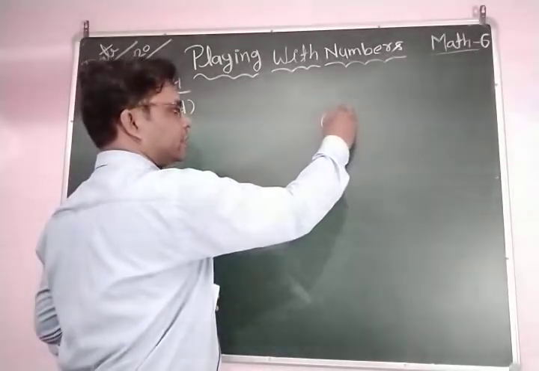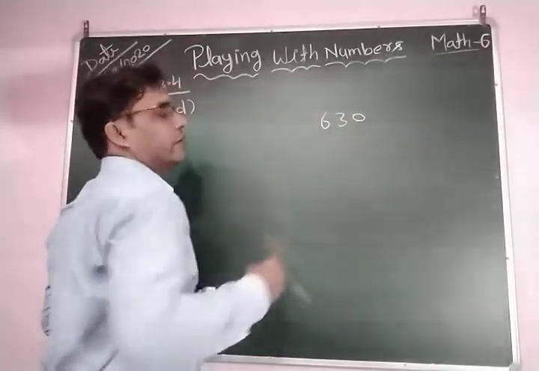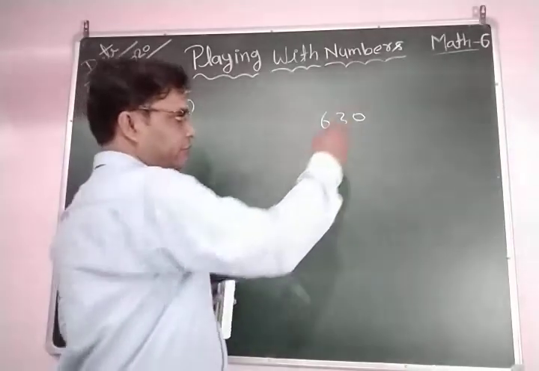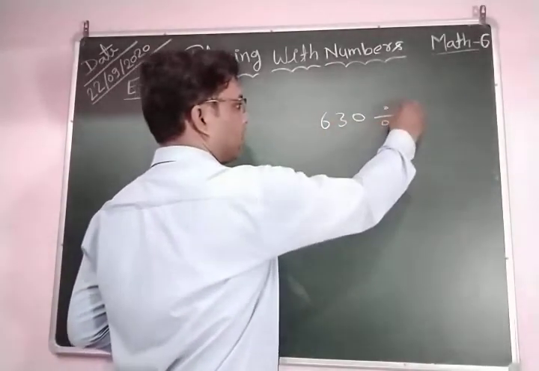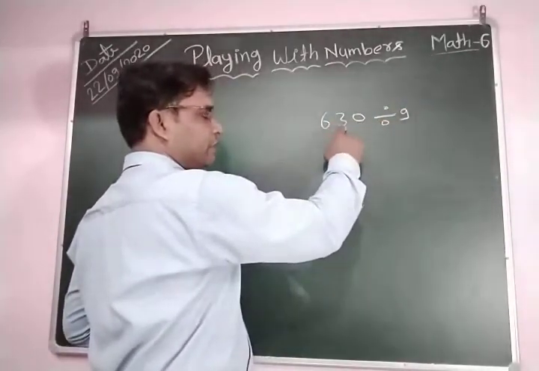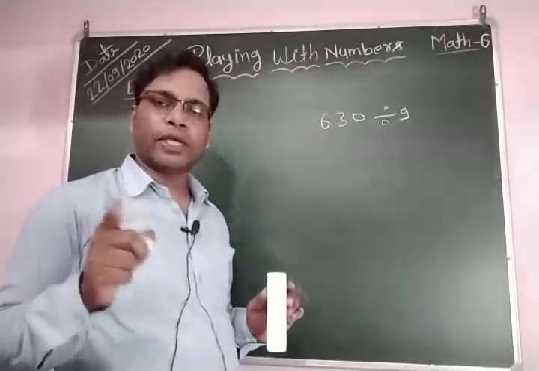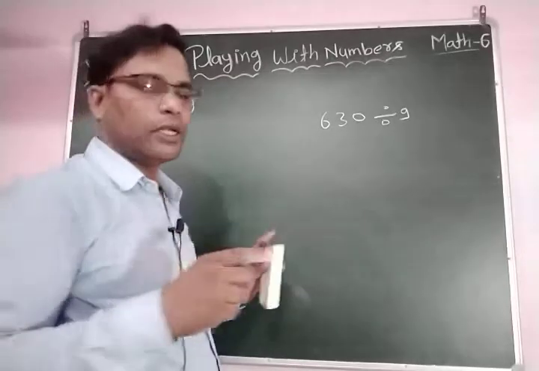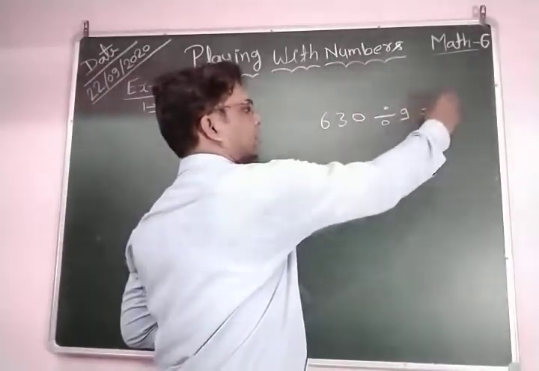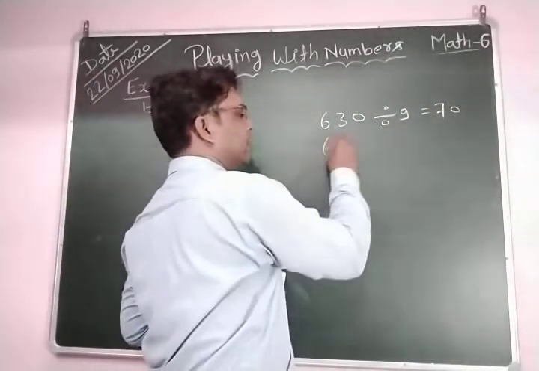Now we take 630. This number is divisible by 9 because the sum of digits, 6 plus 3 plus 0, is equal to 9. It means that this number is divisible by 9. And this number is also divisible by 10.